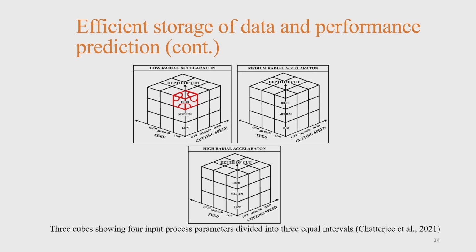Say, for example, machining is a very complex process. Of course it is very difficult to fit one model for the entire domain, but you can divide the domain into different ranges, and in each range you can put one type of model. So this type of thing can also be done, and in each domain you have to store only a few data.